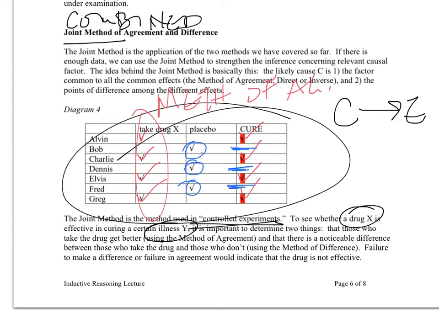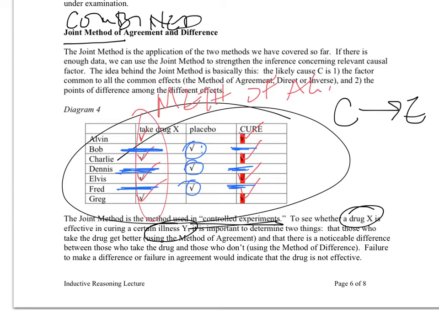So scientists put in a placebo as a way of implementing the method of difference. If you don't see a difference between the placebo, which is really another way of saying that you don't take the drug that you're testing for effectiveness, in order to make sure that the drug is actually effective, you should see a difference between those who take the drug and those who don't.